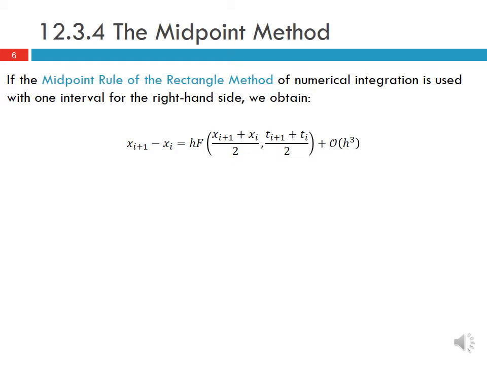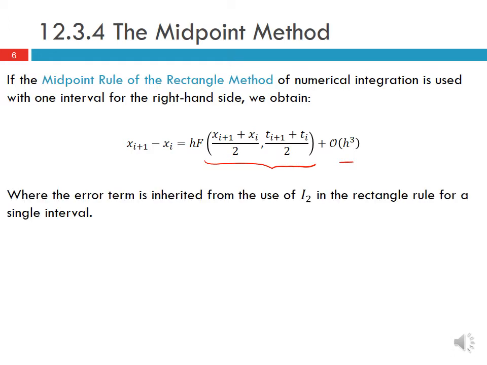Doing that, we obtain the expression shown here. We've got xi plus 1 minus xi is equal to h times f evaluated at the midpoint between xi and xi plus 1, and the midpoint between ti and ti plus 1. And this locally has an error of order h cubed.